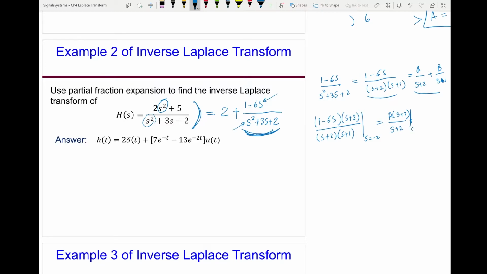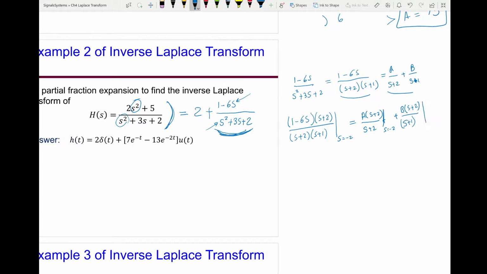And again you set s equal minus 2, plus B times (s plus 2) over (s plus 1), and you set s equal minus 2. Now this will cancel this and this will cancel this. So you have 1 minus 6s over s plus 1. Here it will be just A.